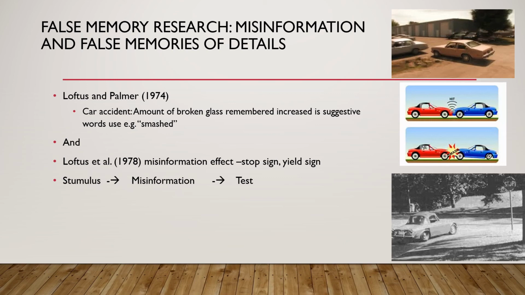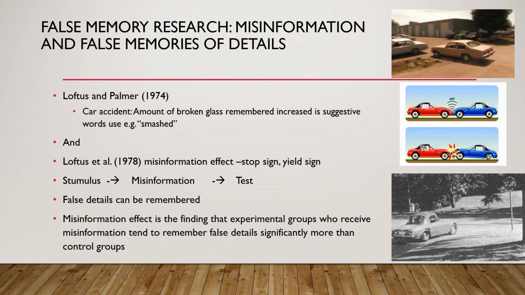And then importantly, there's another gap of time between misinformation and test, and then you have a test where you ask people, what do you remember from the scene? And what happens here, if you do give misinformation, such as saying that it was a yield sign rather than a stop sign, is that you have false details being remembered due to the misinformation.